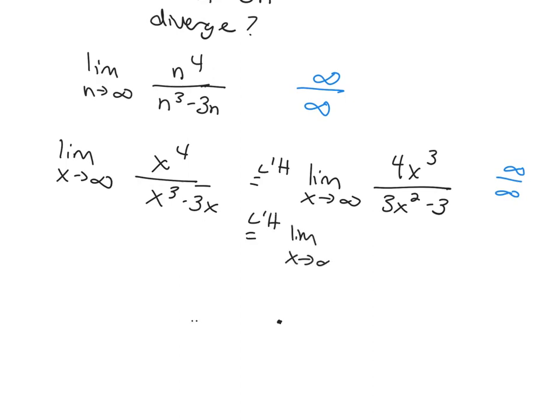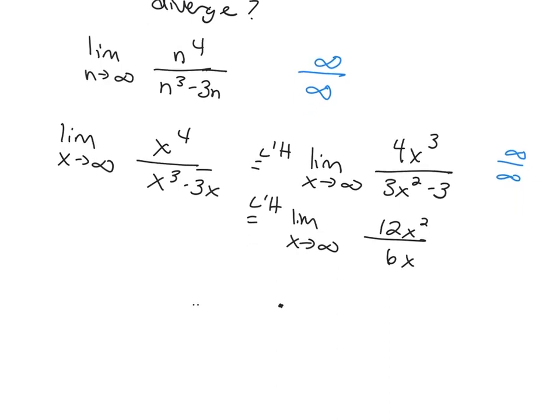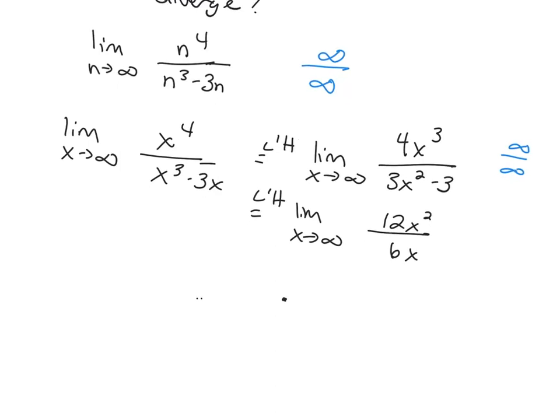The limit as x goes to infinity. What's the derivative of the top? 12x. Okay, and the bottom? You could do it one more time, or you could go ahead and simplify that.